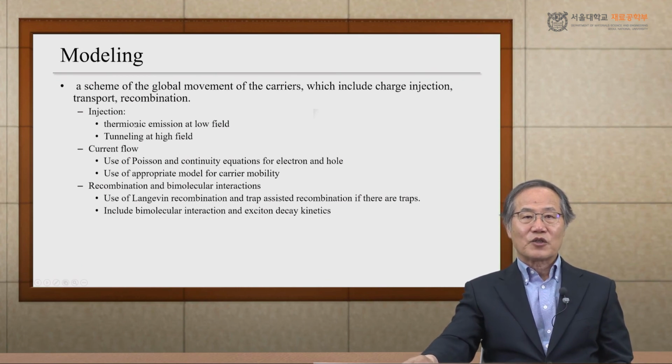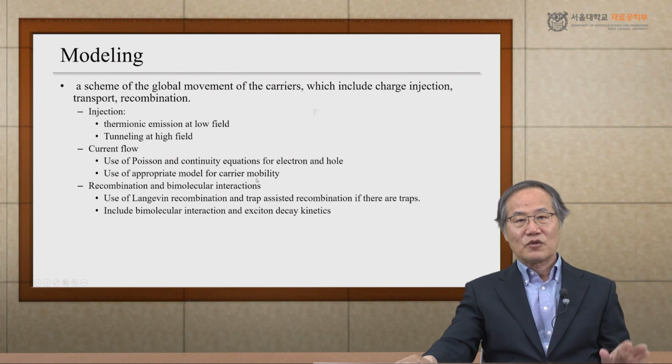For charge injection, thermionic emission and low field, as I explained already, need to be modified from inorganic semiconductors. The current flow uses Poisson's equation and continuity equations for electrons and holes, and you also need to consider trapping and trapped charge.